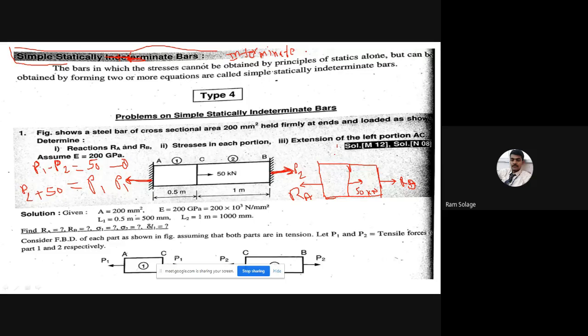Type number 4. Simple statically indeterminate bars.